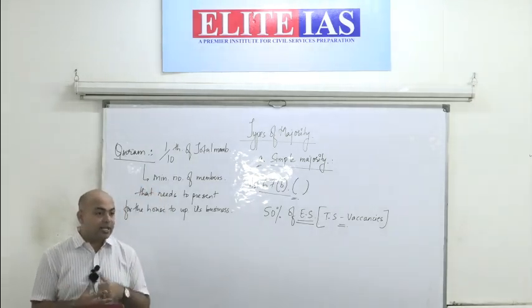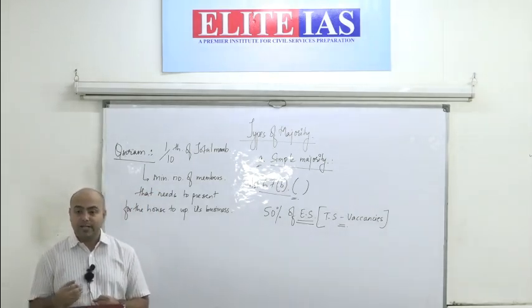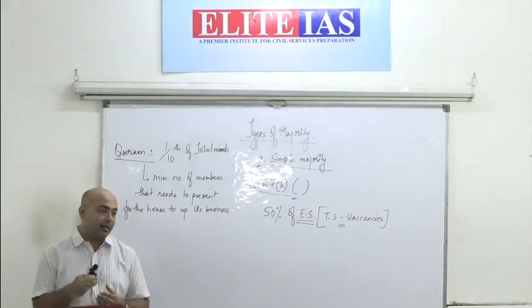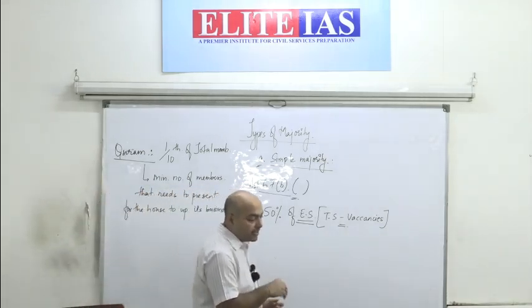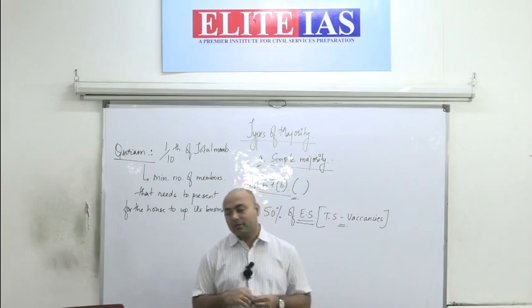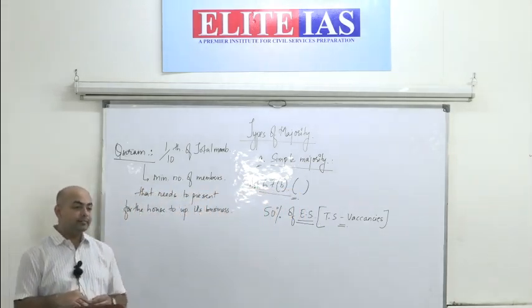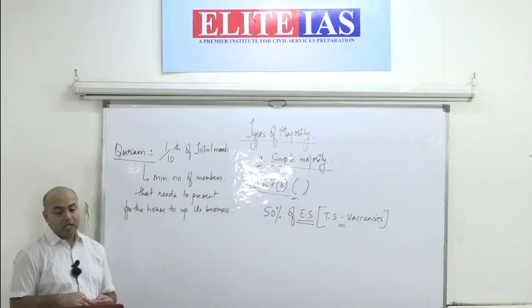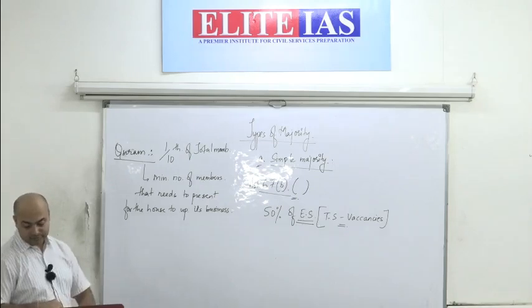Special majorities are of various types. There is no one kind of special majority. There are a number of types of special majority. Let's discuss them one by one. First subheading: majority under Article 249 and 312.